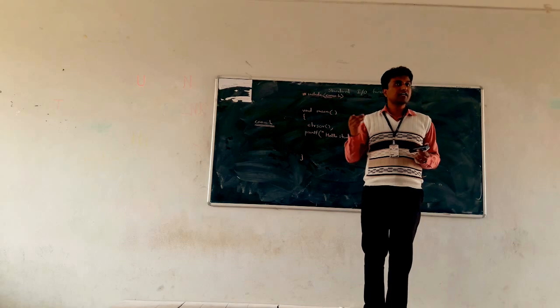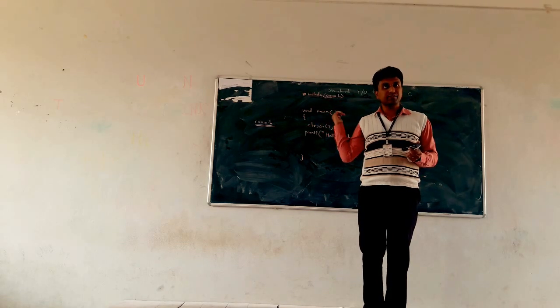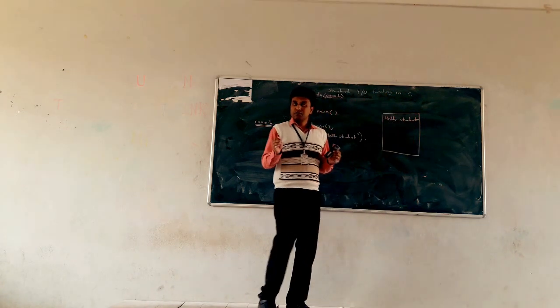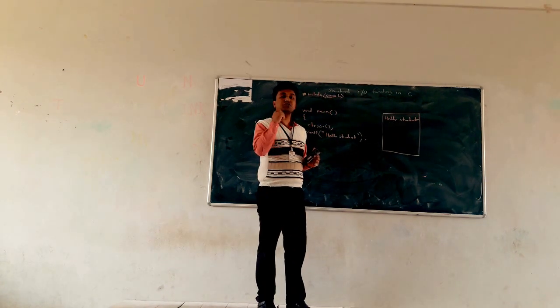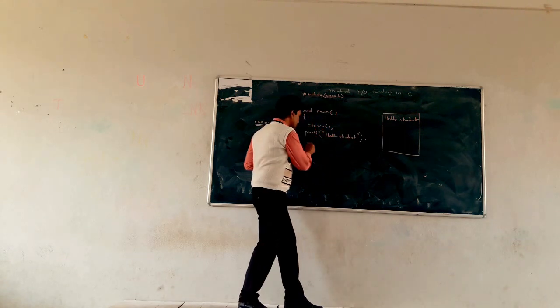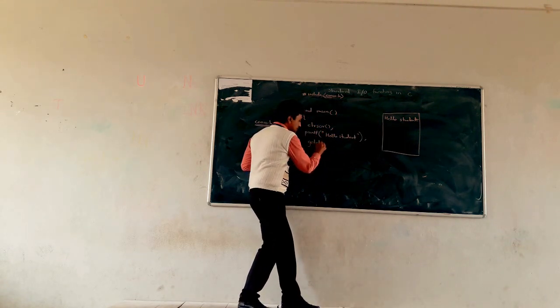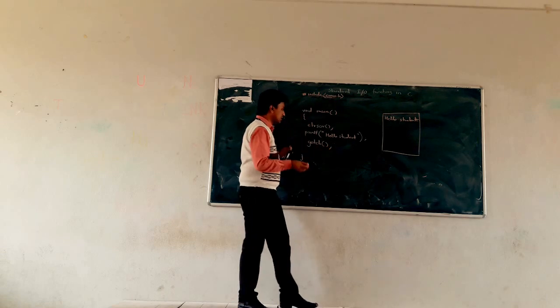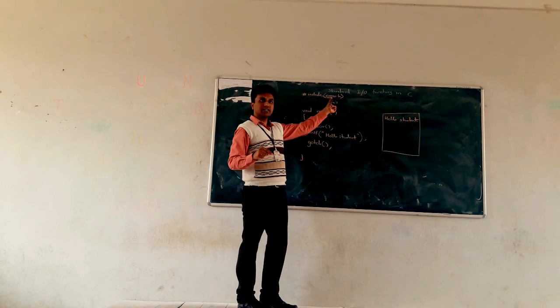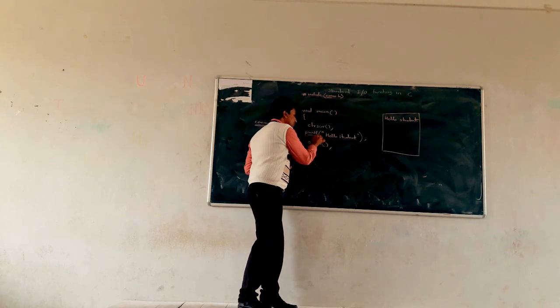That's why we cannot see whether the message is displayed or not. For that purpose, we want to stop the output screen. So what is the function? getch. This is a built-in function, present in the conio.h header file.